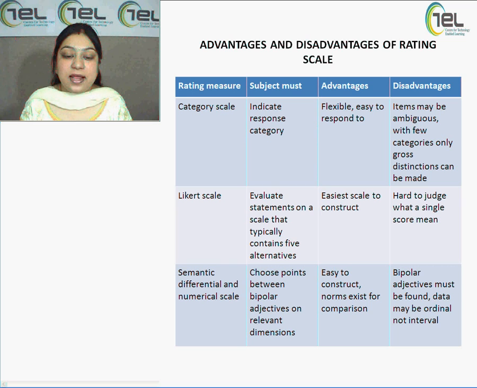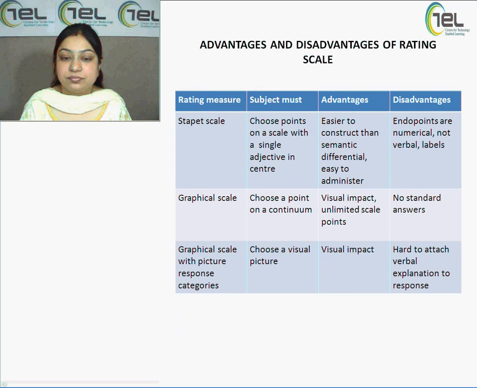Another scale is the semantic differential and numerical scale, where we choose points between bipolar adjectives on a relevant dimension. It is again easy to construct, and norms exist for comparison. The demerit of these methods is that bipolar adjectives must be found, and the data may be ordinal, not interval.